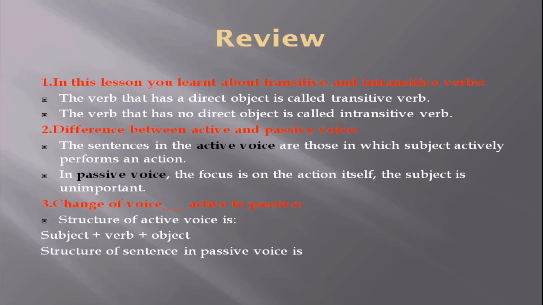When we change it into passive voice, the object comes in place of the subject and the subject goes to the place of the object. By comes after the third form of verb. The structure of the sentence becomes object plus is, am, are plus third form of verb plus by plus subject.